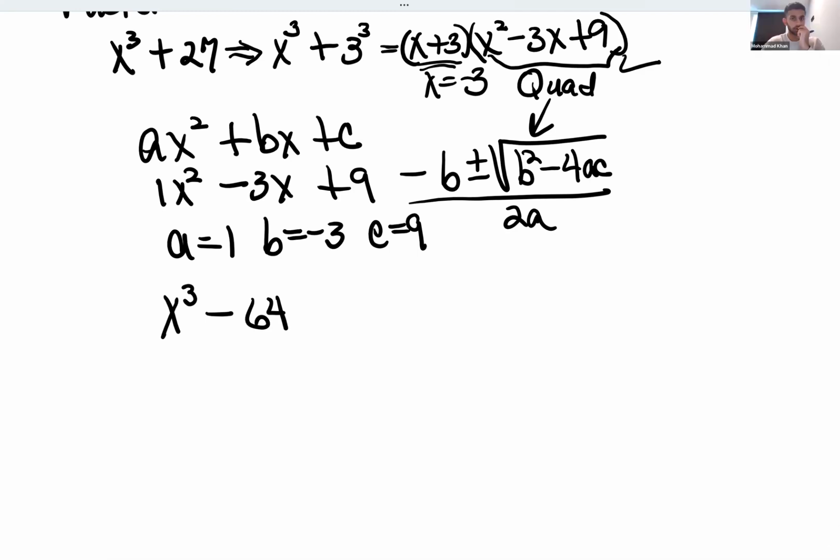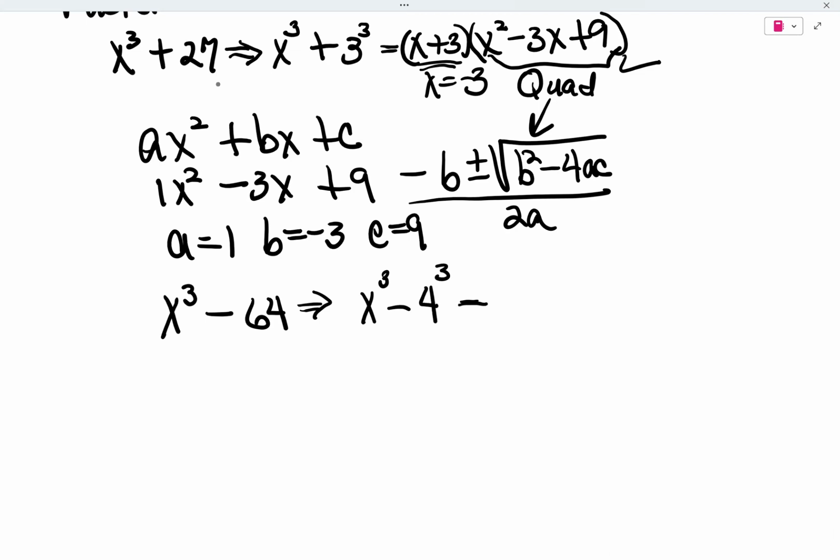Is that 4 cubed? That's 4 cubed. So this is really written as x cubed minus 4 cubed.